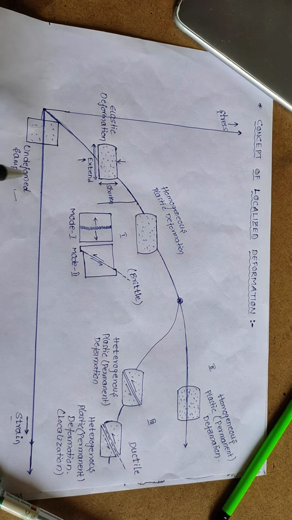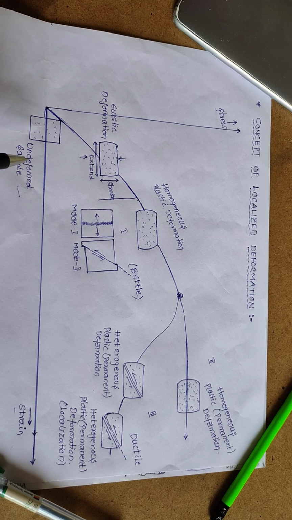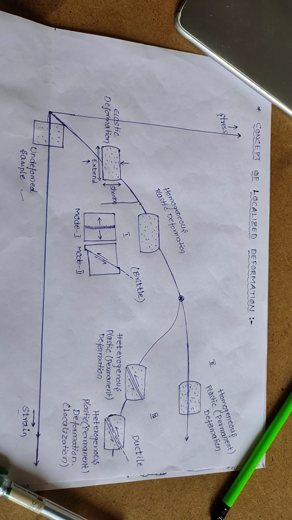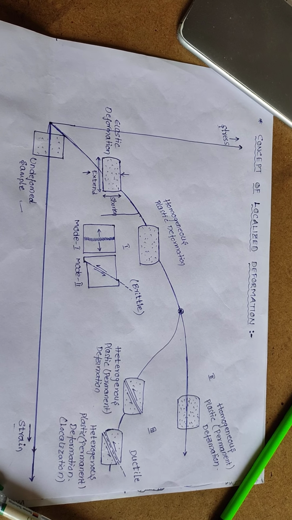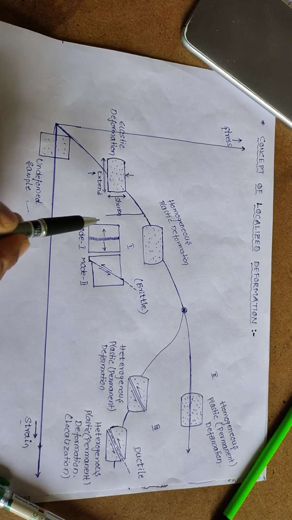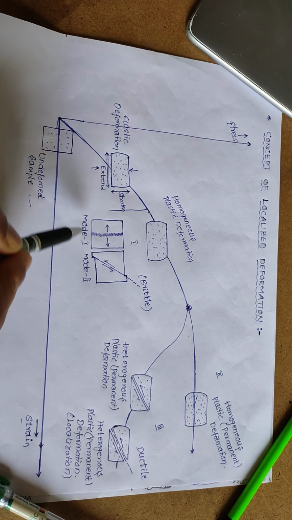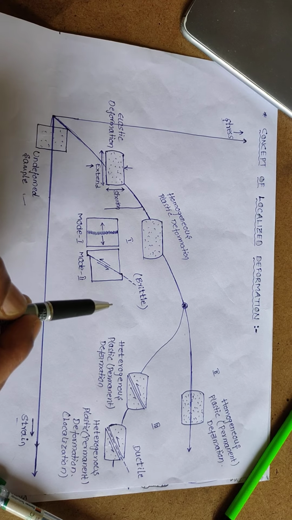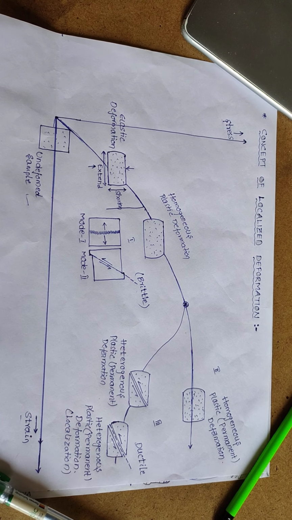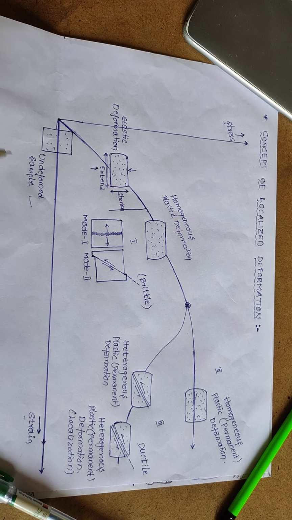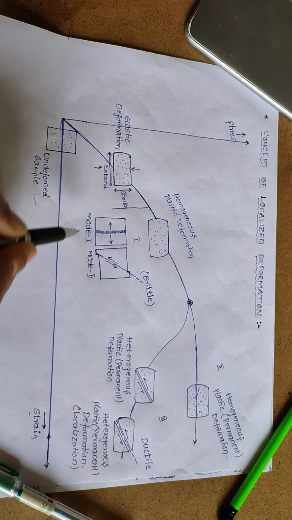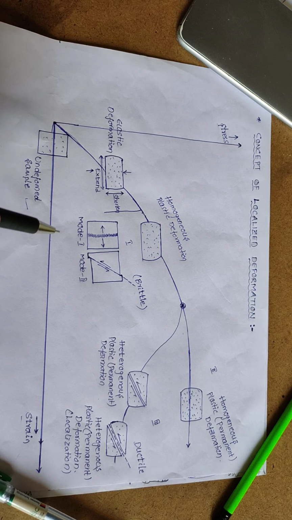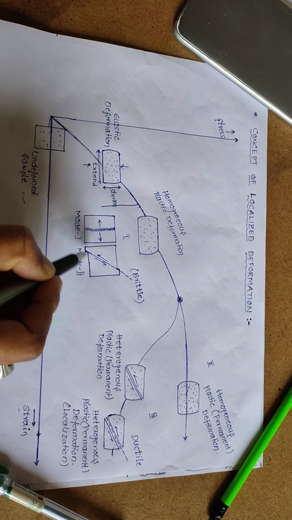Now after this part there are many possibilities. I show you one possibility first: the rock deforms in a brittle manner. It can either fail in mode 1, producing tensional fractures, or produce shear fractures.